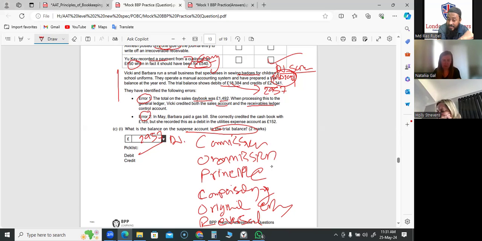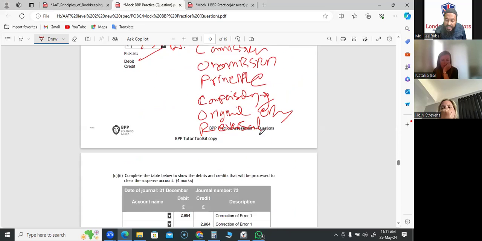Sales daybook means credit sales. How do you do double entry? Sales account credit, right? Receivables debit. Am I understood? But you didn't do that. You have credited both sales account and receivables. There we get it wrong. You should have debited the receivables. So how do you make it correct?